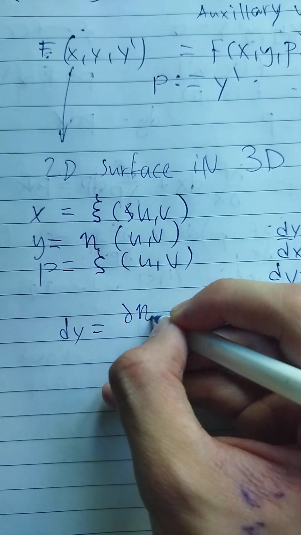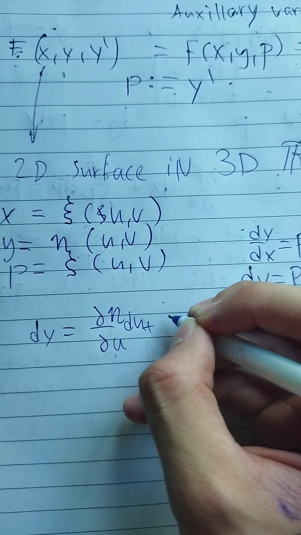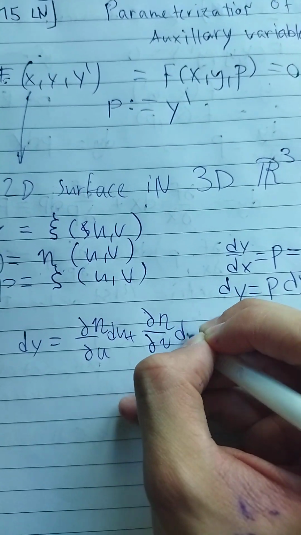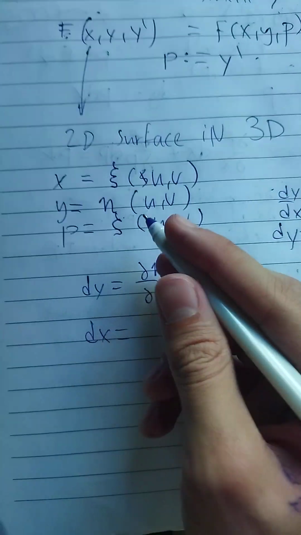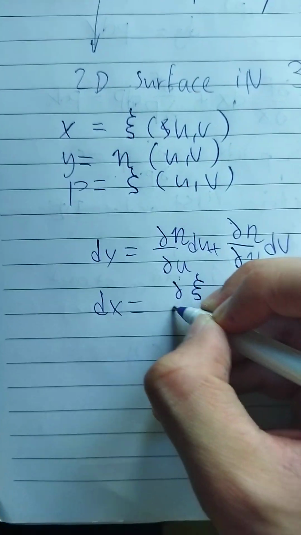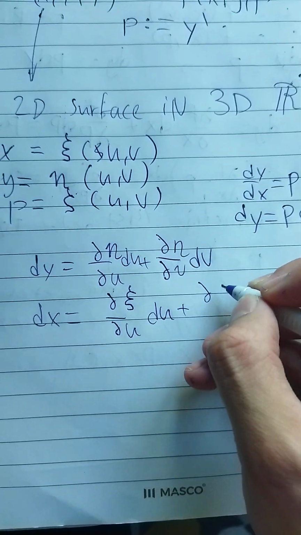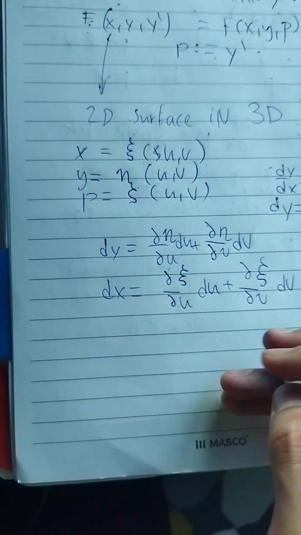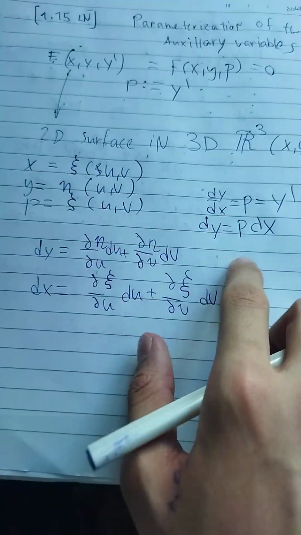It will be d eta over du plus d eta over dv, and then dx is similar, but in this case it is xi, so d xi over du plus d xi over dv. We don't need to find the differential of p because p is just given, right?